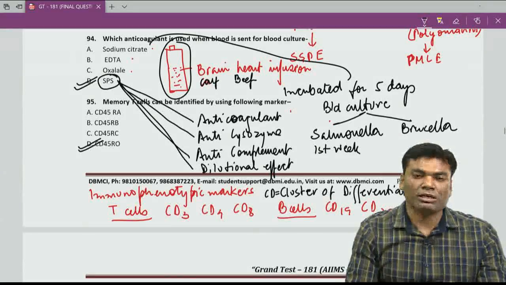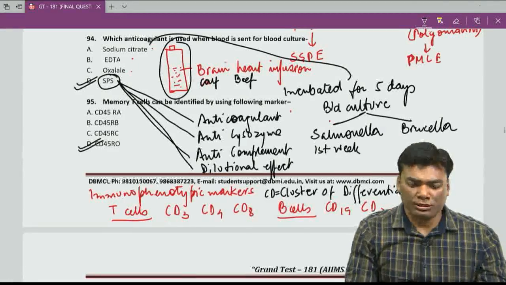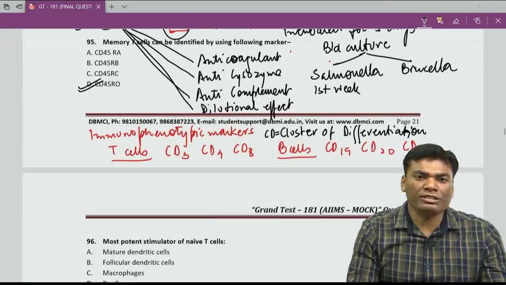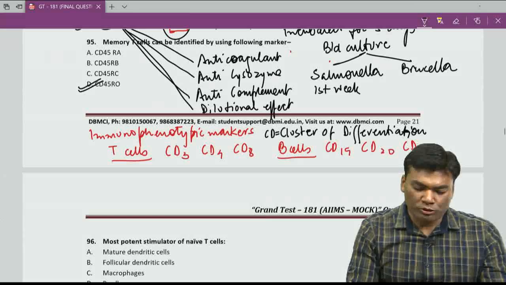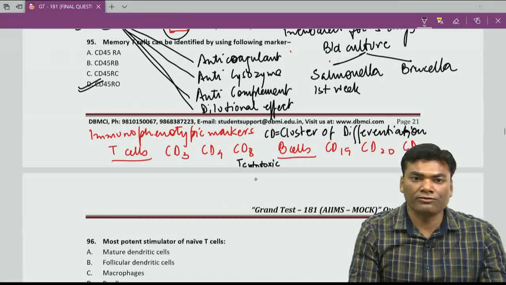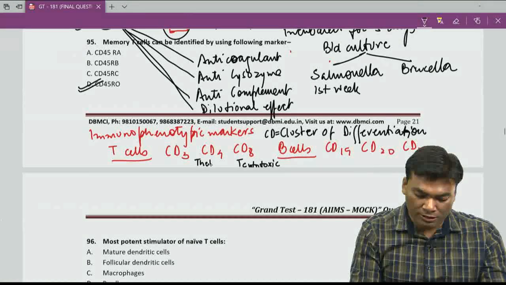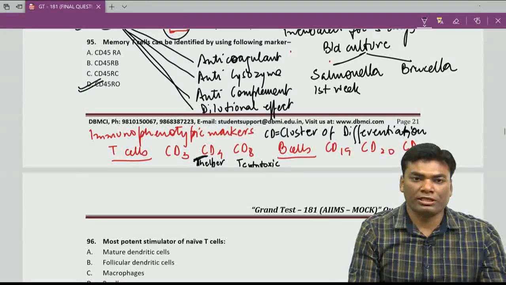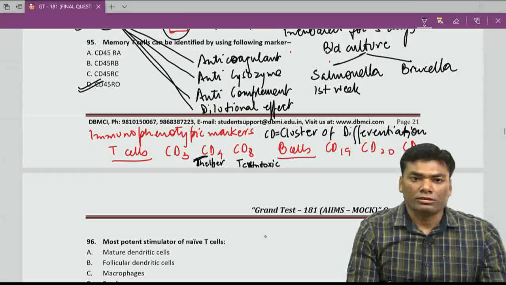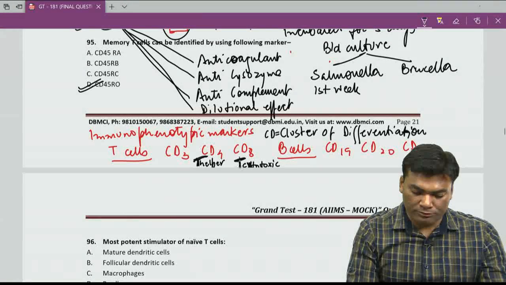These CD markers exist on a lot of cells. These are the important ones, but macrophages will have a different marker. Every cell will have a different marker, right? So CD8 cells are T cytotoxic cells, and CD4 is the marker present on the T helper cell. CD8 is present on the T cytotoxic cell. Fine.